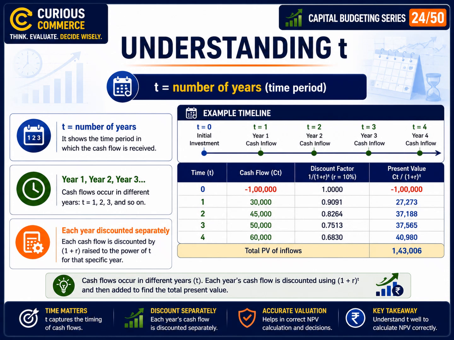Money received after many years is worth much less today. That's why the denominator's power increases. The fifth year's money gets discounted much more than the first year's money. So time plays a major role in financial decisions. Always remember, a longer waiting period leads to lower present value.